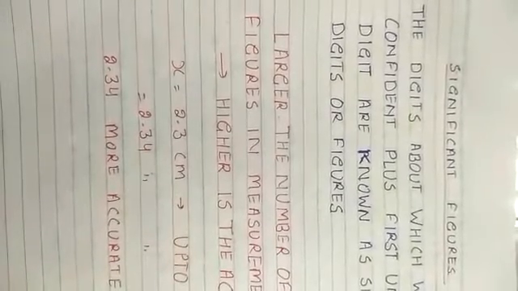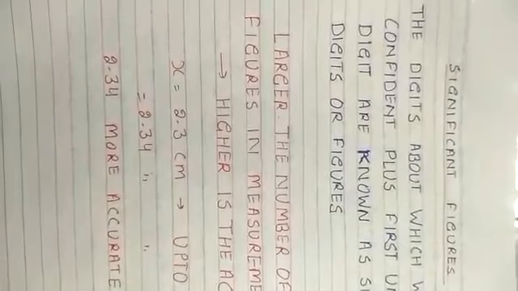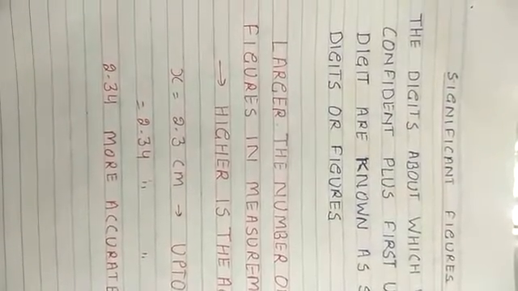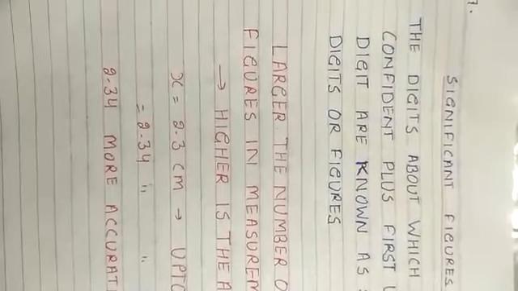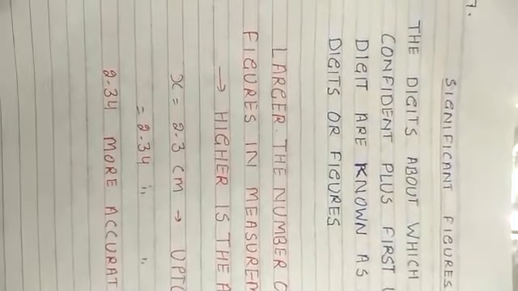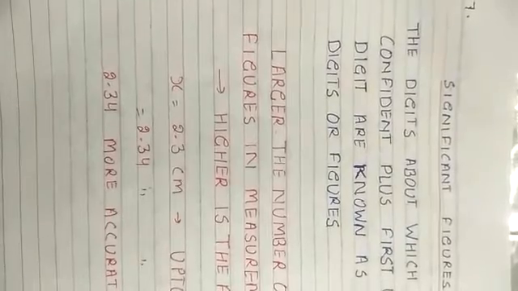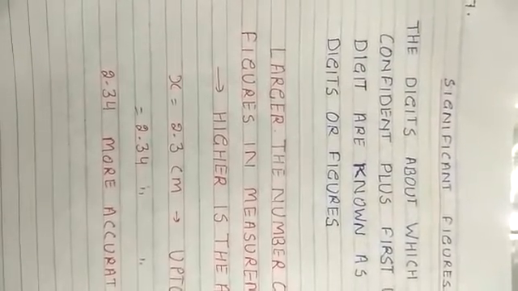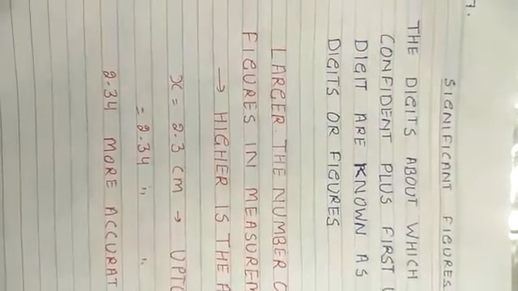We are not accurate about whether it's exactly 2.3 or not. It may have a value between 2.3 and 2.4 or 2.2 and 2.3. It means it has a maximum error of 0.1 centimeter.